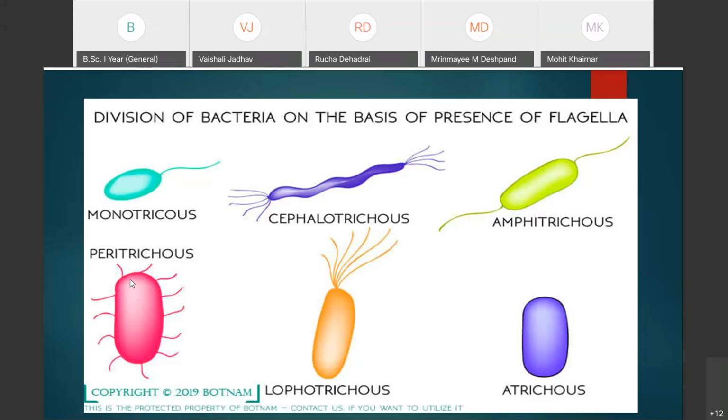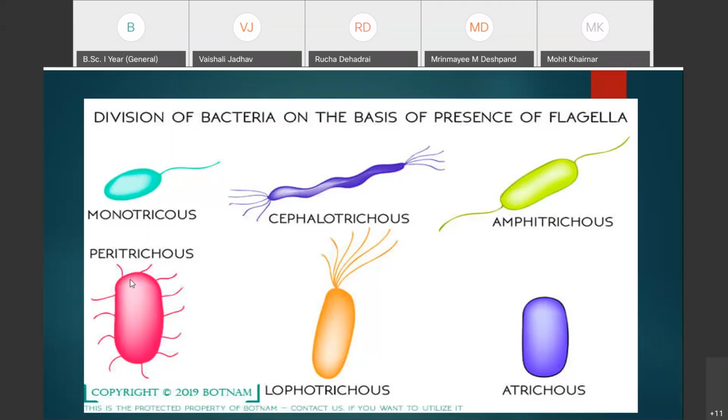The first is the polar bacteria, and the other is the non-polar or peritrichous bacteria. The polar bacteria are again divided into four groups: monotrichous, cephalotrichous, amphitrichous and lophotrichous bacteria. Non-polar bacteria are also called the peritrichous type of bacteria.